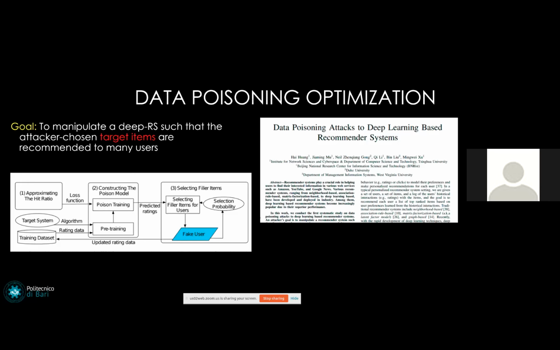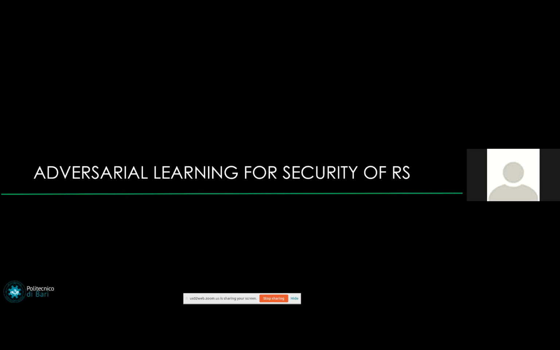So basically the filler items within this profile, which at the end would define that user profile. So we can see this automaticness of the profile injection in this paradigm, and the different information that it is assumed the attacker should have.